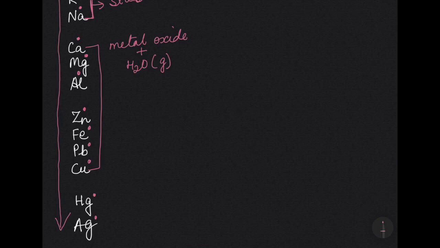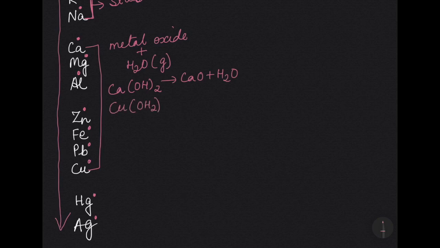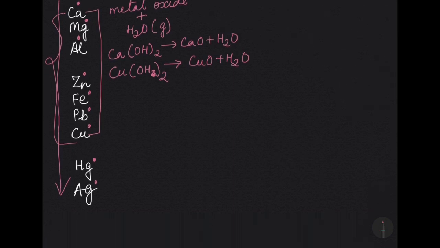So if we heat calcium hydroxide, we will get calcium oxide and water vapor. Similarly, if we heat copper hydroxide, what will we get? Copper oxide and water vapor. Similarly, if you heat any of the hydroxides of the metals in this group, you will get the metal oxide and water vapor.